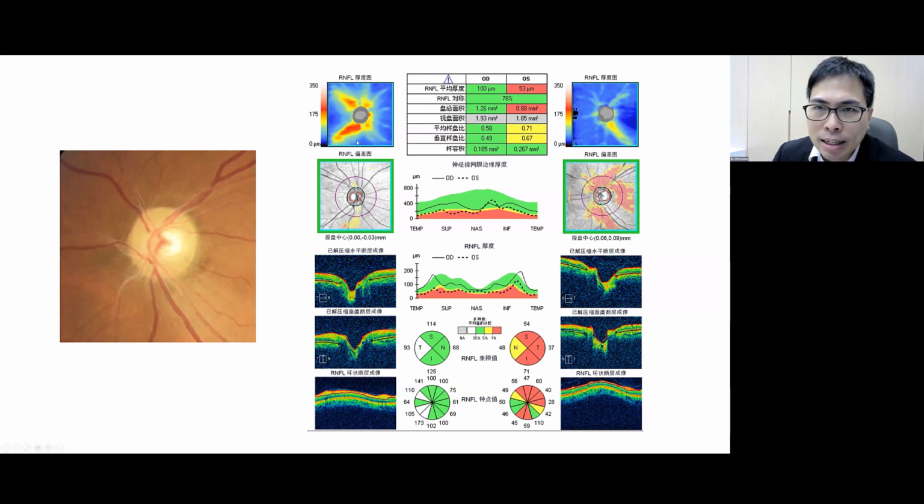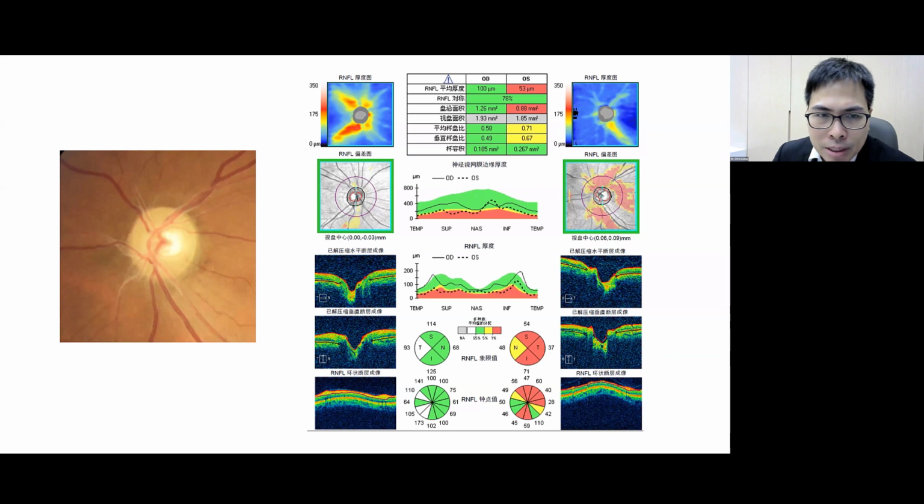Over the right eye, you can see the retinal nerve fiber thickness is relatively normal. Red over the supratemporal, infratemporal sector, and no abnormalities highlighted in red in the deviation plot. Over the left-hand side, obviously, we see loss of the retinal nerve fiber layer, more on the superior side than in the inferior side.